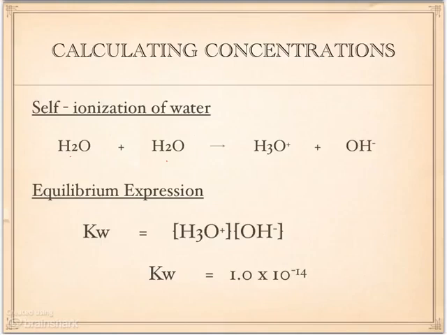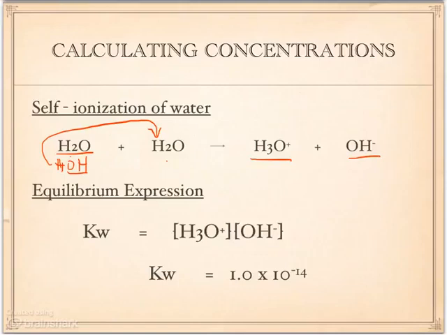Well, if you were to write H2O differently, as HOH, let's say, basically what happens is that H can act as an acid, so basically it gives up an H. If it gives up that H, it'll go to the other H2O, and that's where your H3O plus comes from. And then because the H gets added onto that water, you're left with OH, and that's where that comes from. So basically your equilibrium expression in this case is coming from this self-ionization reaction.